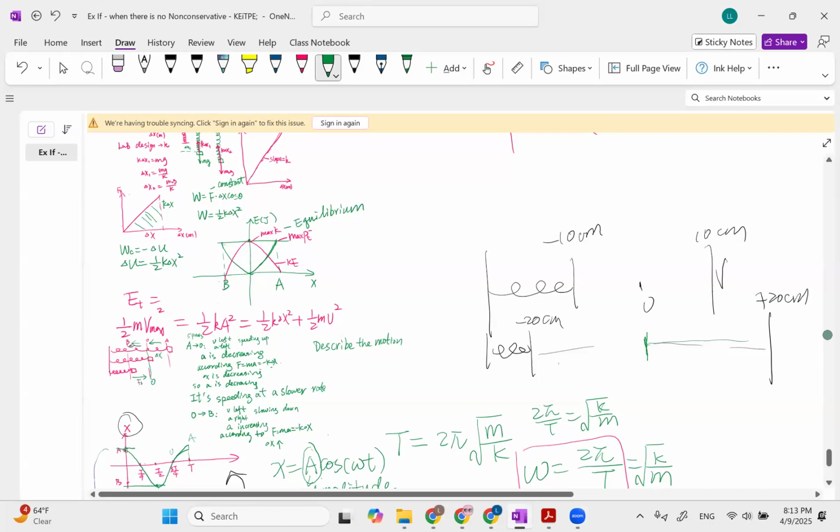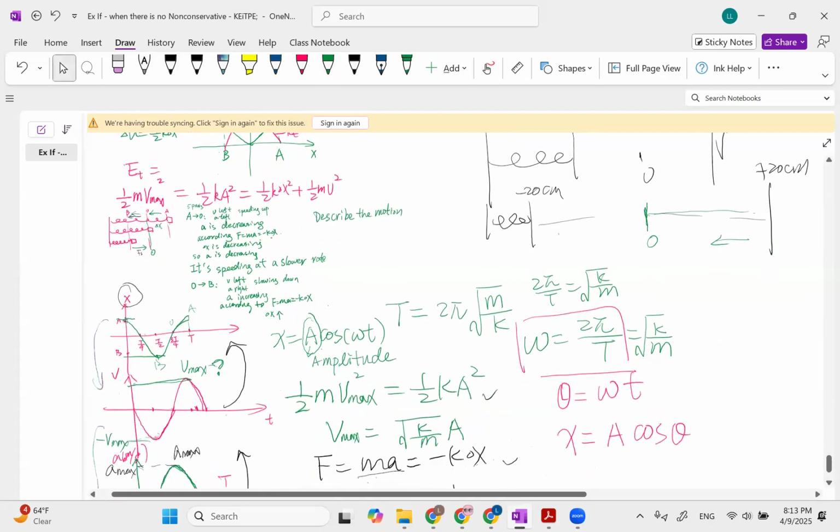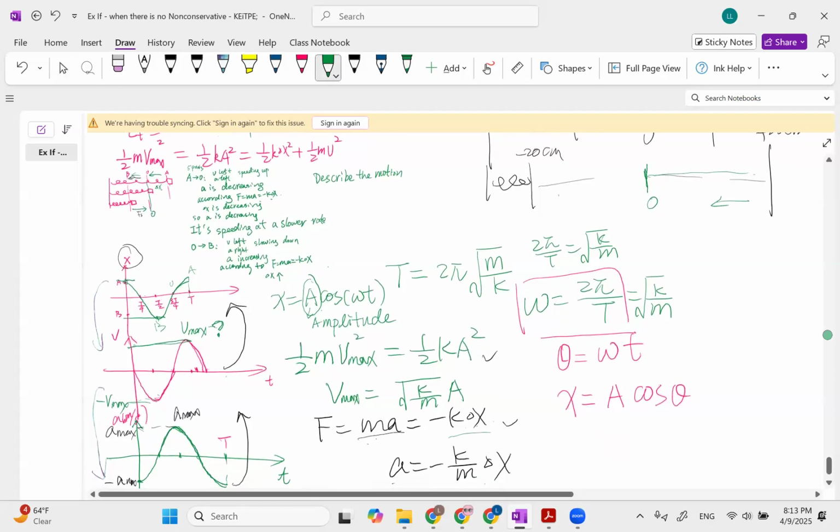Why? It's because when you stretch more, F equals kx, your acceleration is greater. That's why, the further away, you have greater acceleration, so the average speed will be the same. Does it make sense?